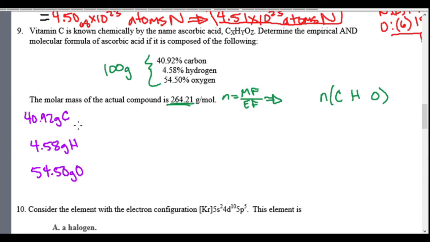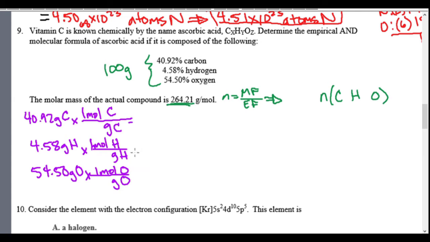When I do these problems, I tend to write them all at the same time, so I can do all my math at once instead of writing this, solving it, writing this, solving it. This is my personal preference. It's not the 100% way to go. The 100% way to go is whatever makes you happy and gets you the right answer.